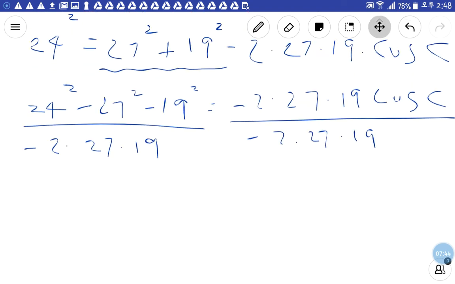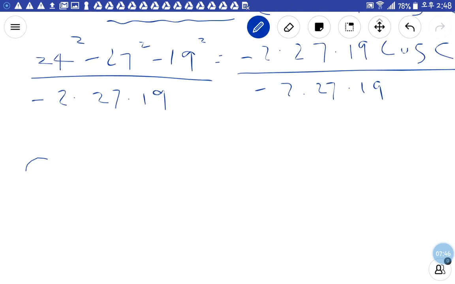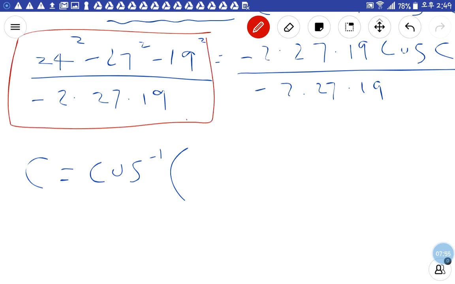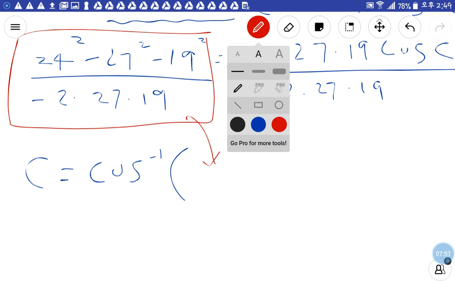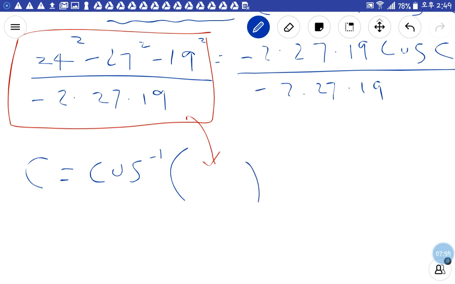As we practiced before, I want just C, so you put the arc cosine on each side and plug the whole thing in here: 24 squared minus 27 squared minus 19 squared over negative 2 times 27 times 19.